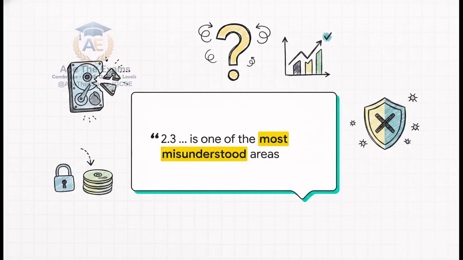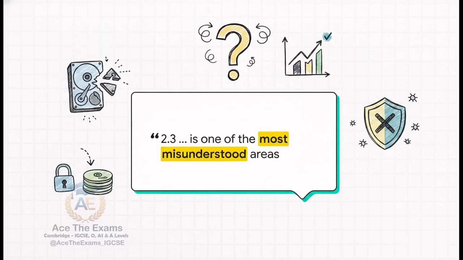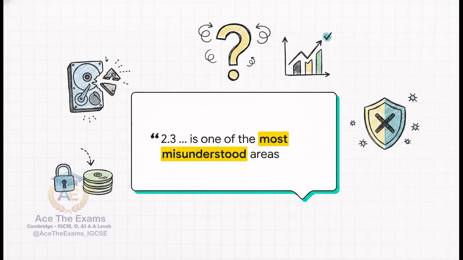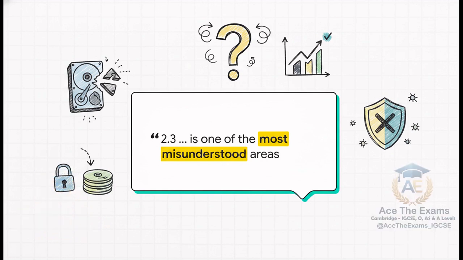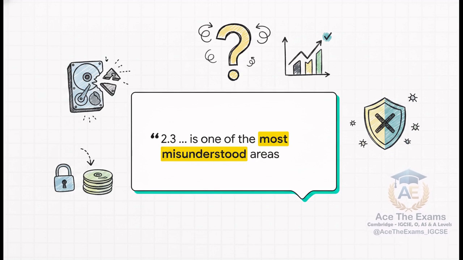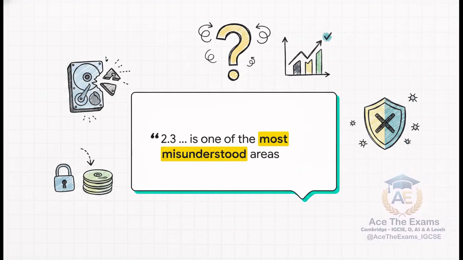Examiners report that Section 2.3, Advantages and Disadvantages of Different Types of Utility Software, is one of the most misunderstood areas in information technology. If you've been sitting at your desk, pulling your hair out, struggling with this section, trying to validate the pros and cons of defragmenters, backup utilities, or antivirus programs, you are absolutely not alone. But the strategies we are about to unpack will give you a remarkably clear path forward.